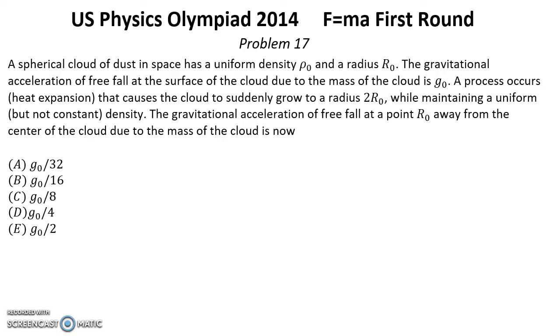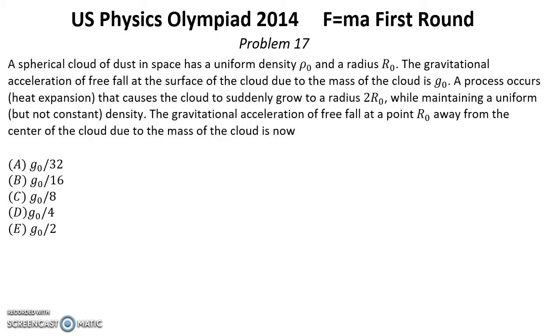Problem number 17. A spherical cloud of dust in space has a uniform density rho0 and a radius r0. The gravitational acceleration of free fall at the surface of the cloud due to the mass of the cloud is g0.